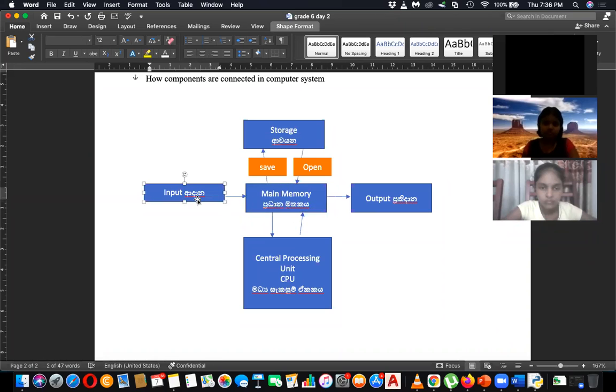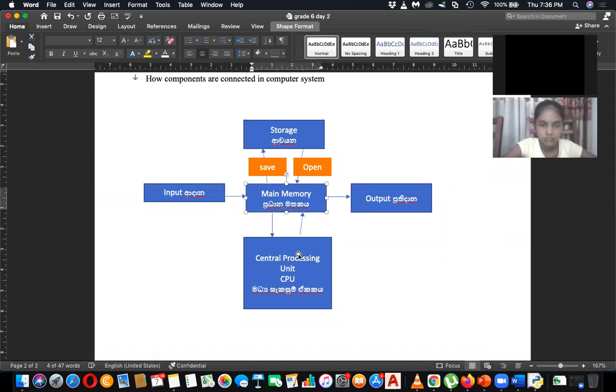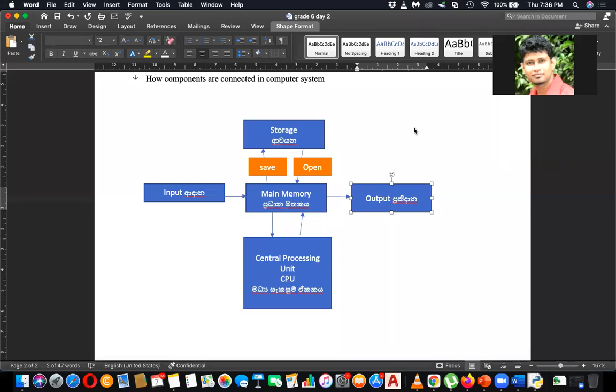So how you take inputs, you took them to the memory and then did the mathematics. First you took them into the memory and then you did the mathematics. After that, the answer also you took to the memory and then only you responded. That's why main memory is always main. It is the central place where all these components are connected.